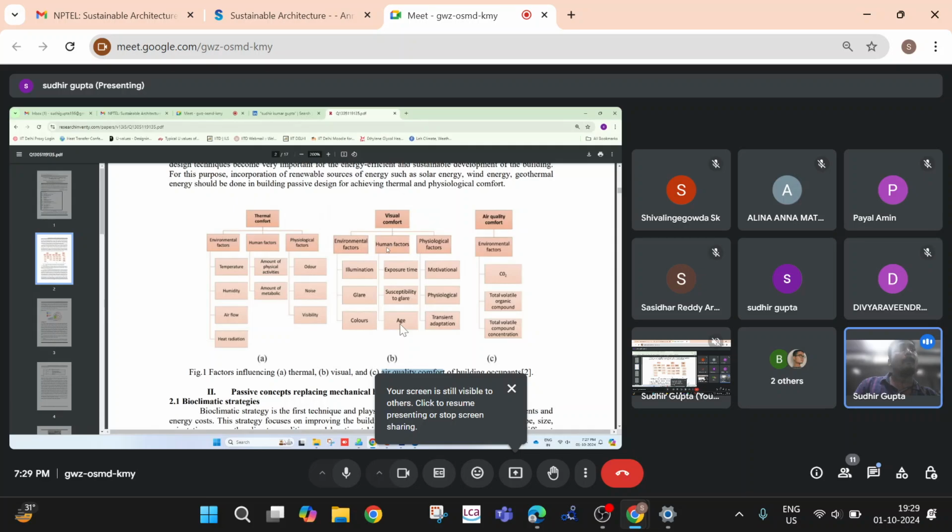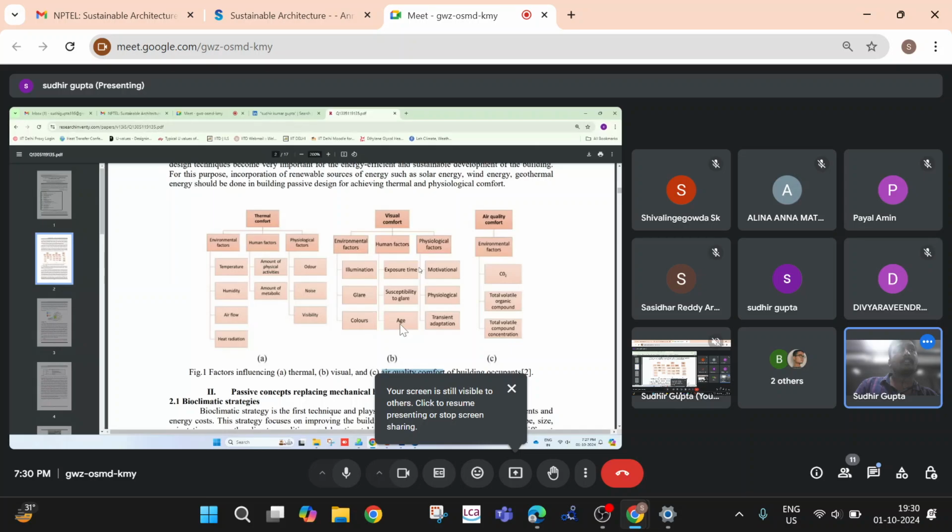Apart from that, visual comfort is also comfort. If your eyes are getting irritated, or you're not getting proper intensity of light illumination, these will be some of the factors. Some are also considered human factors under visual comfort, where due to aging you are not able to see.